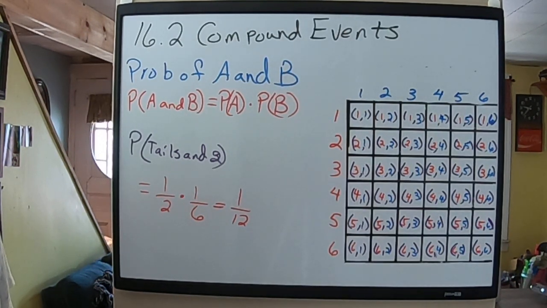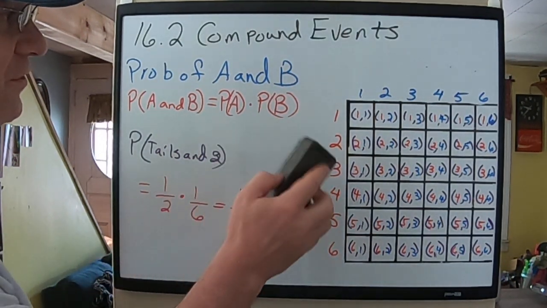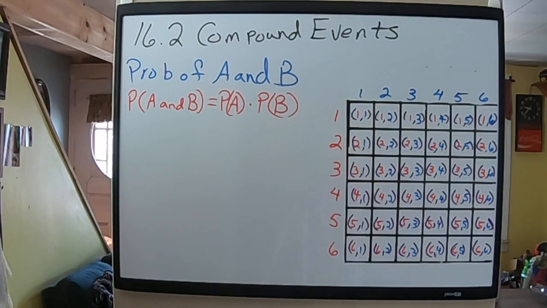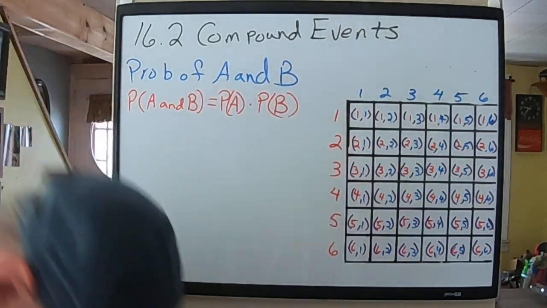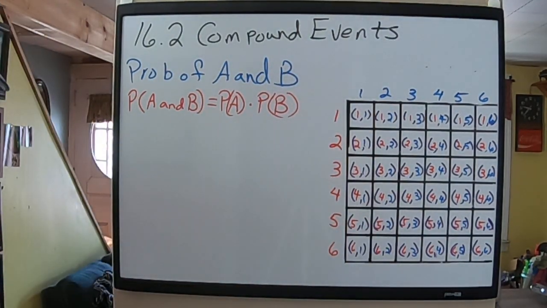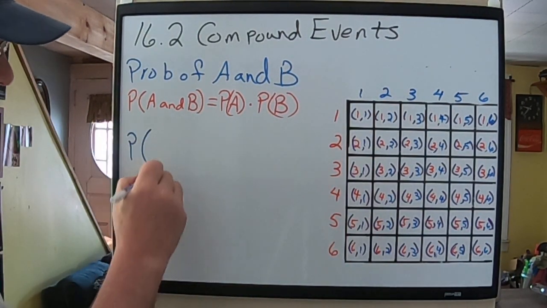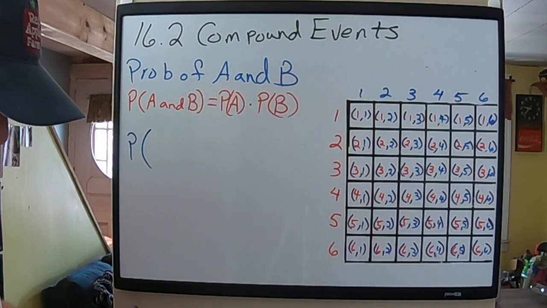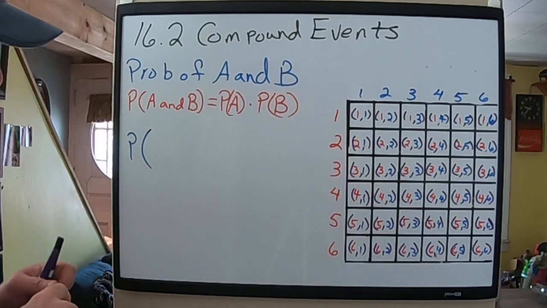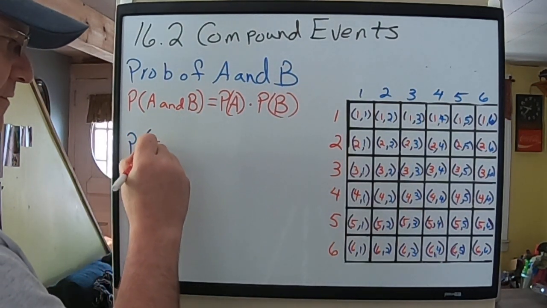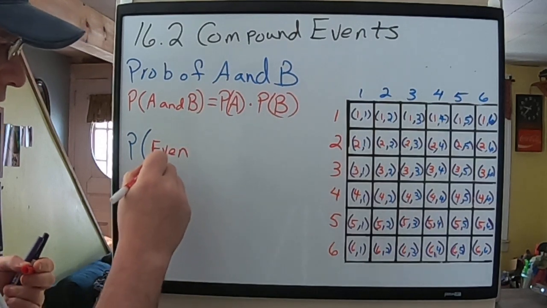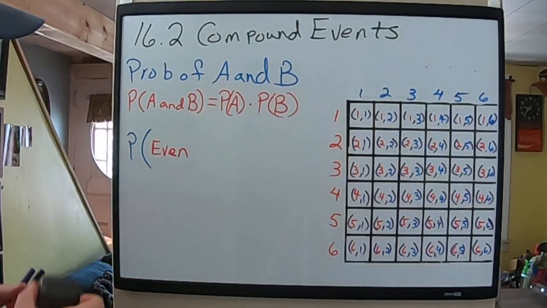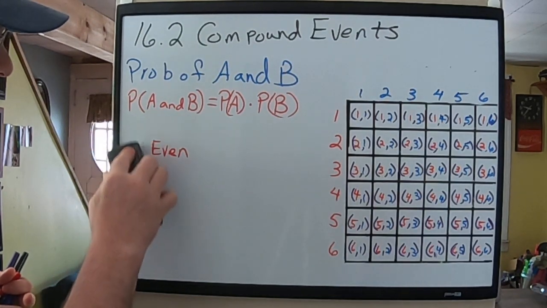Let's see. How about we use this set of tables to help us with the next one? What's the probability of the red being even and the blue, I should have used some other color here.